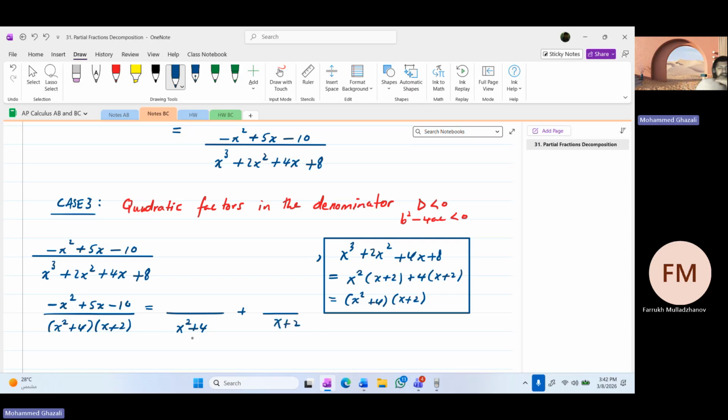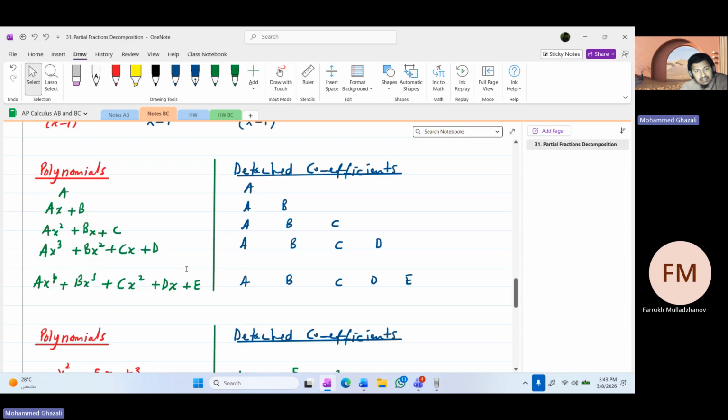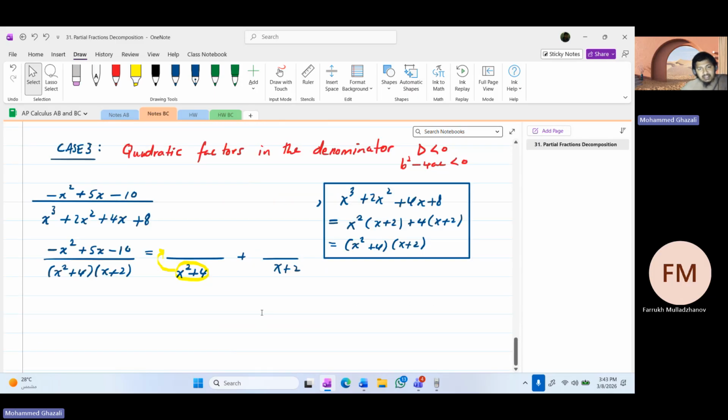Now see, we have a quadratic factor in the denominator. What's the term before the quadratic? Linear. Before the quadratic is linear. So that's the reason why we put ax plus b. Right? And over here, this is just linear.